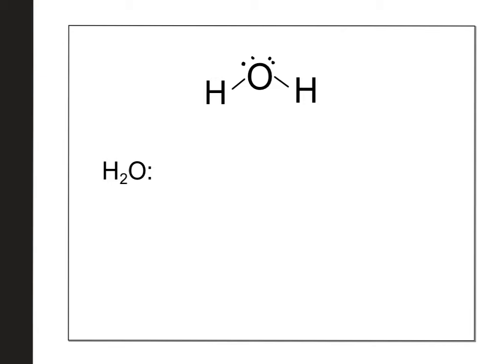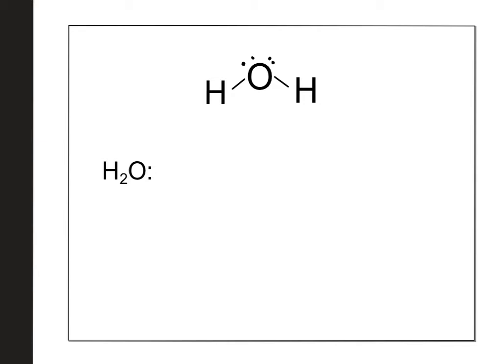All right, so I already have the answer up on the screen. This is what our final product is going to look like for H2O. And so I want to draw it with you guys, and the end goal would be that we actually match this correct answer. So step 1 was to count up the valence electrons in this molecule. Well, we are going to use our periodic table, and remember the columns have the number of valence electrons.